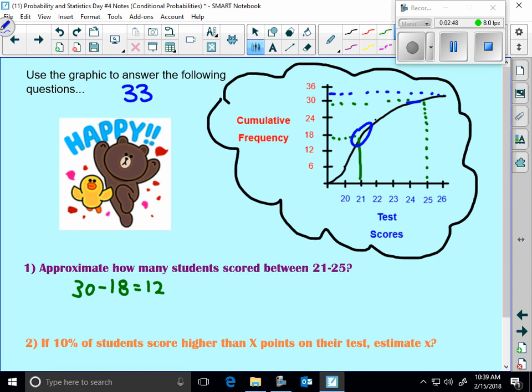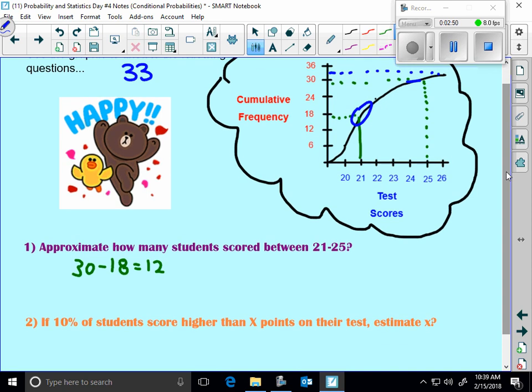So then how would we answer number 2? Well, 33 students. What's 10% of 33? 3.3. Let's just say for the sake of the problem, let's say 3 students. So the top 3 students. What did the top 3 students score?